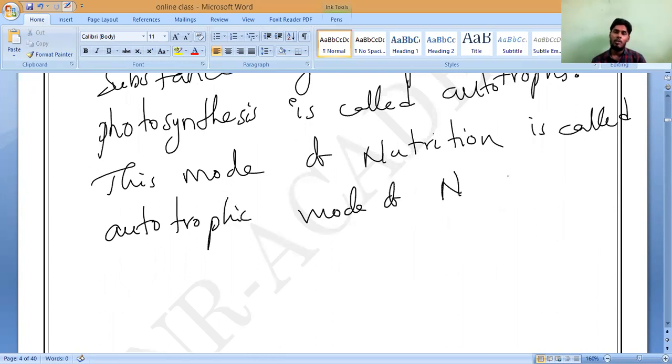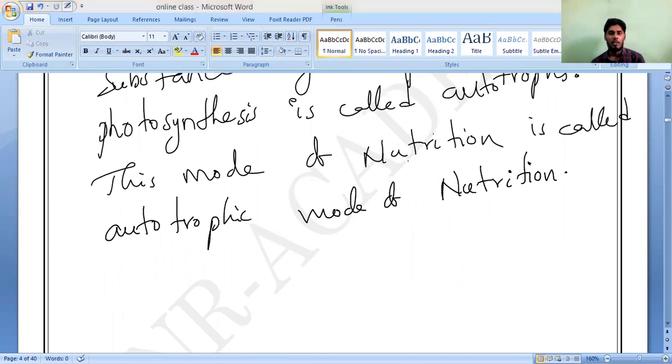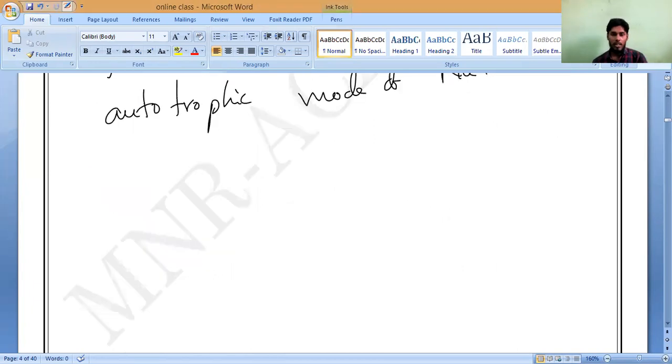So, for example, who follows the autotrophic mode of nutrition? All the green plants, correct or not?